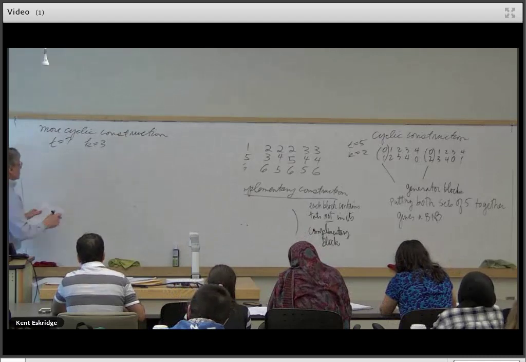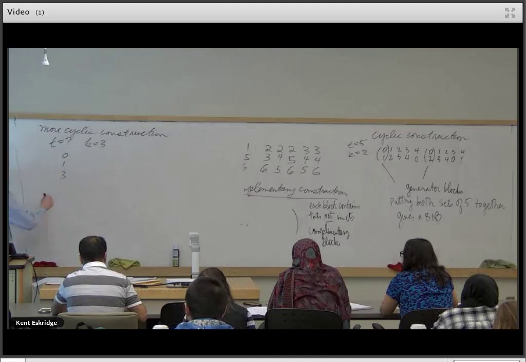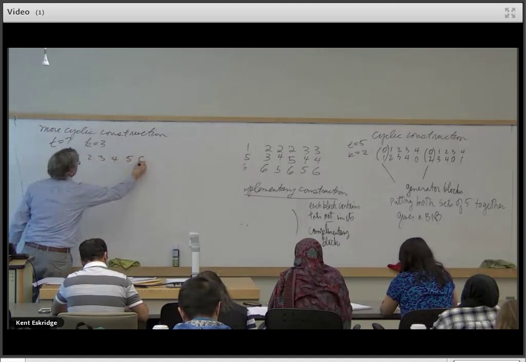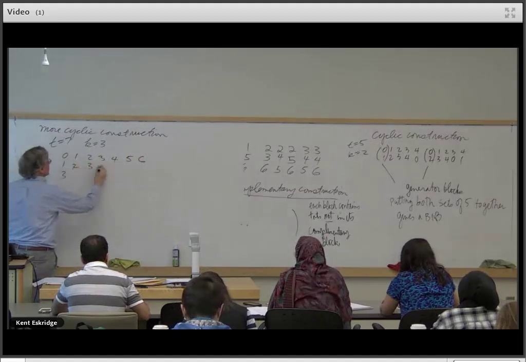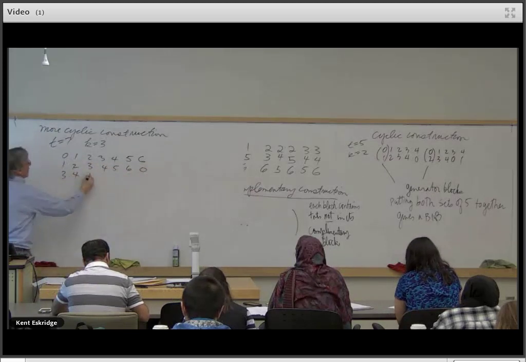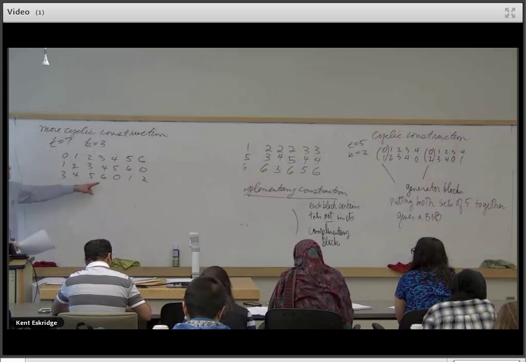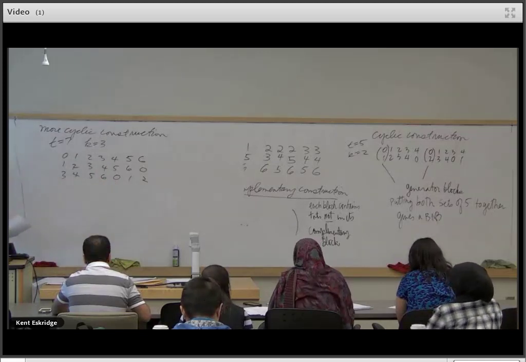Well, I'll just give you this. 0, 1, 3 is a generator. Okay. Then 1, 2, 4, then 2, 3, 5, 3, 4, 6, 4, 5, 0, 5, 6, 1, 6, 0, 2. Okay. You don't have to use zeros. You put 7 in here and just cycle back to 1 and get 7, right?